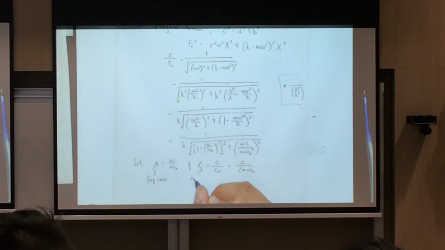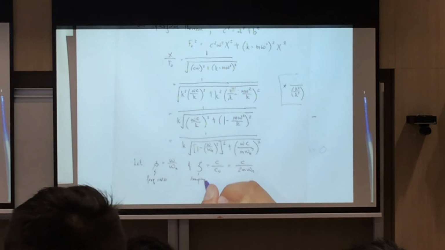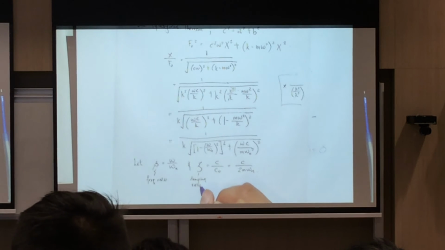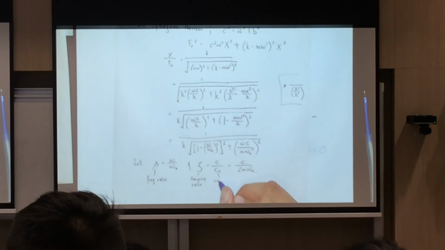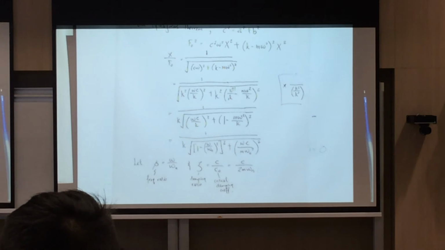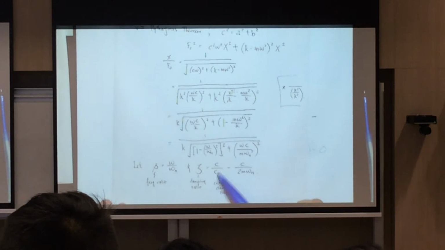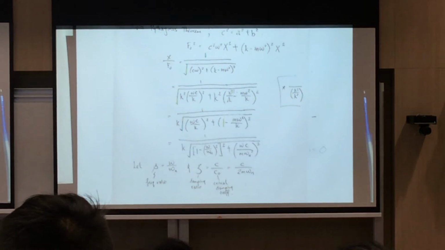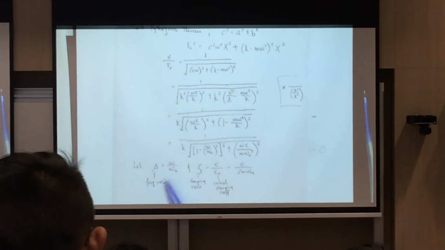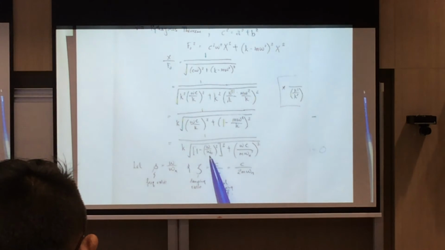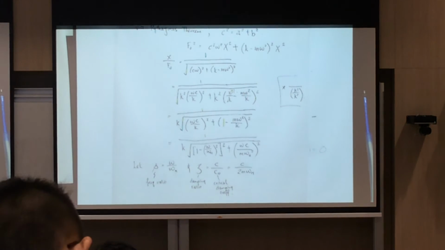Zeta is our damping ratio. c0 is our critical damping coefficient. c is just our damping coefficient. So with that we can substitute our omega over omega n as theta.